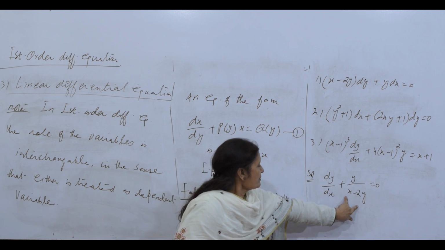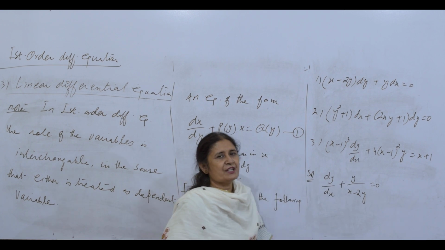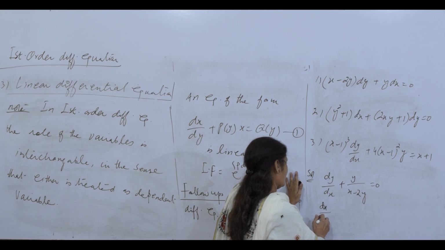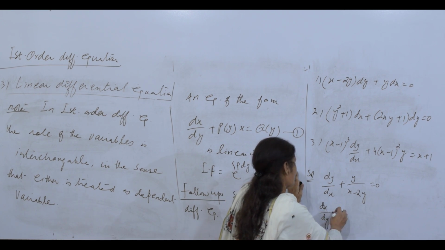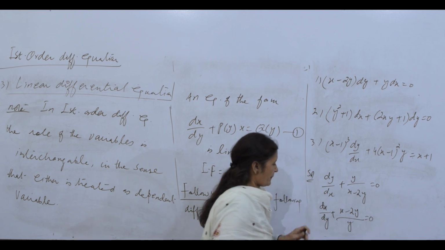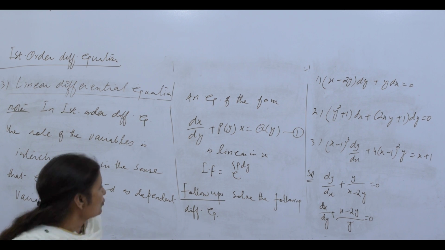This term is multiplied with dy, it is not linear in y. Let me reciprocate it. dx by dy plus x minus 2y over y equal to 0. So in first order differential equation, you can change the role of the variable.